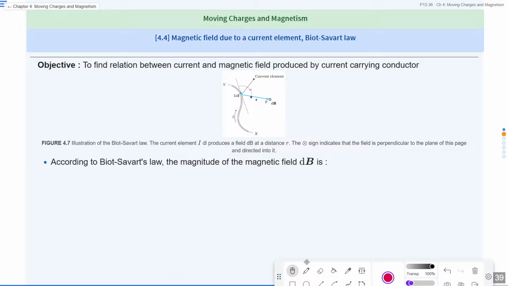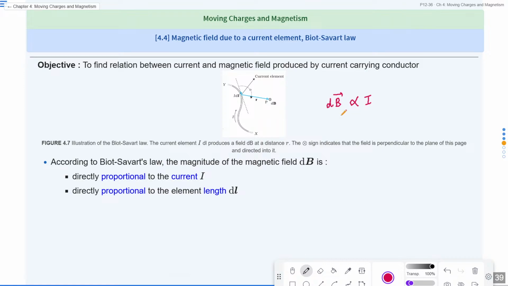Okay, so according to Biot-Savart law, the magnetic field at that point is directly proportional to the current flowing and that current element. First thing. Second thing, it is directly proportional to the length of that current element, that is dl vector, and it is inversely proportional to the square of the distance.